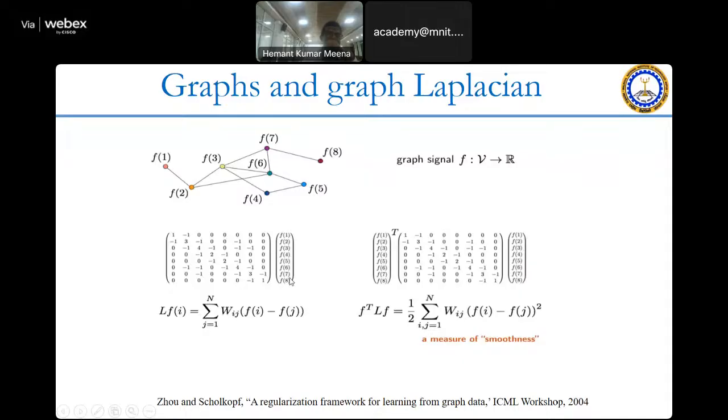This is LF. When you see this paper, you will find different mathematical relations.